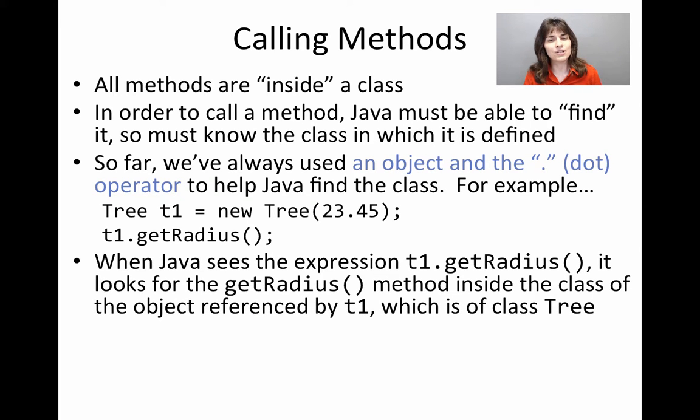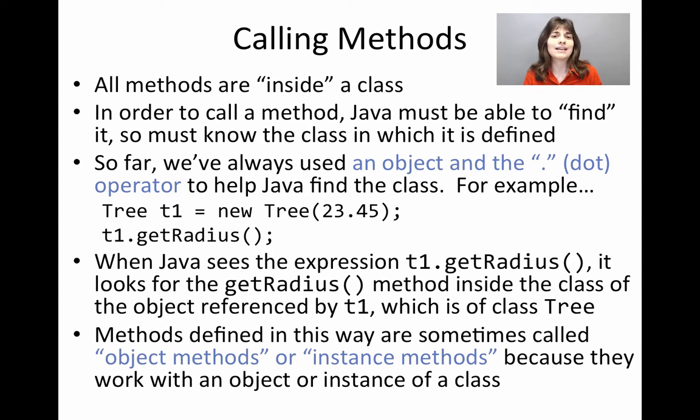When Java sees this line of code, it knows that since t1 is of type tree, it needs to go to the tree class, and this is where it will find the definition of the getRadius method. Methods like getRadius, which are defined in this way, are sometimes called object methods or instance methods, because they are tied to the object, to the instance of the class.